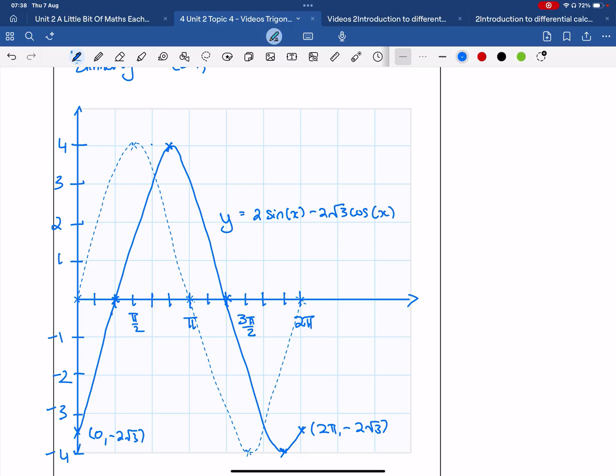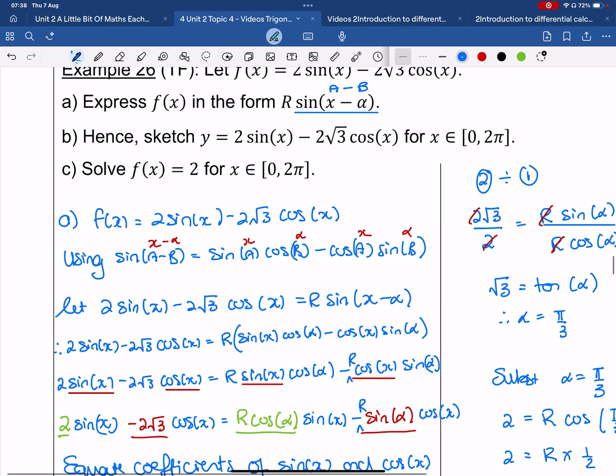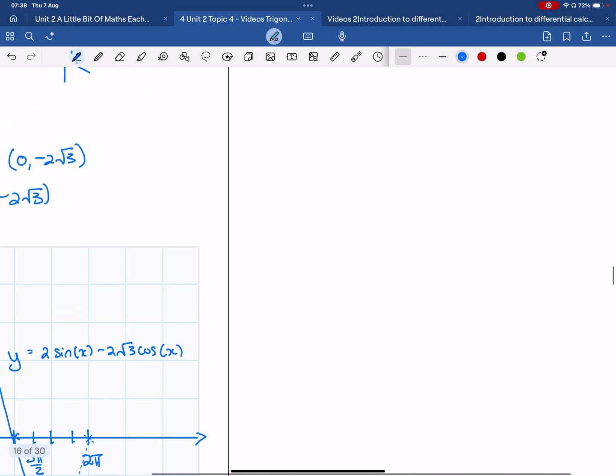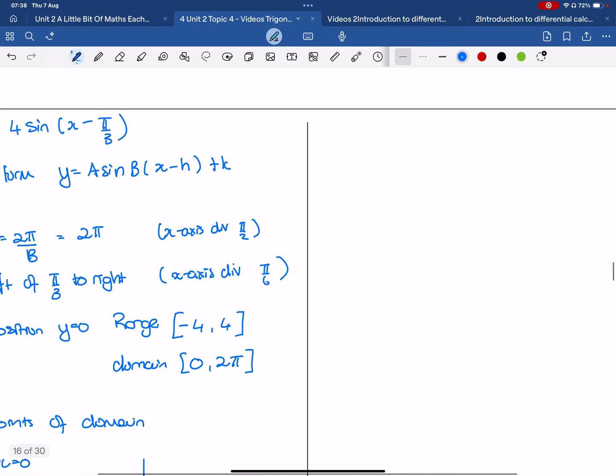All right. Now, they want us to solve for f of x equals 2. If we're using the equivalent function, it's a whole lot easier than if we're using the original one. So for f of x equals 2, well, we're looking for 4 sine of x minus pi on 3 equals 2.